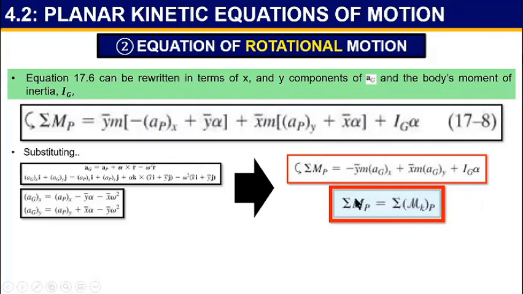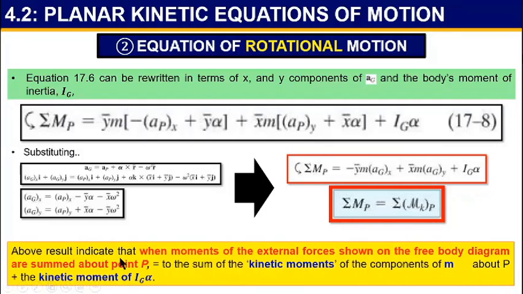The total moment about point P is equal to negative y times m aGx, plus x times m aGy, plus IG, the mass moment of inertia, times the angular acceleration.